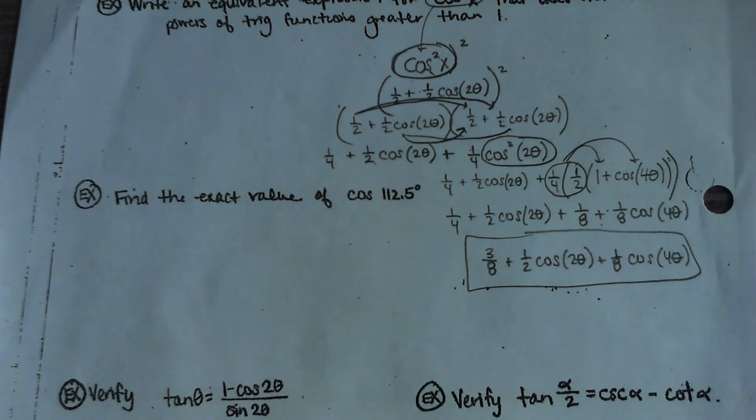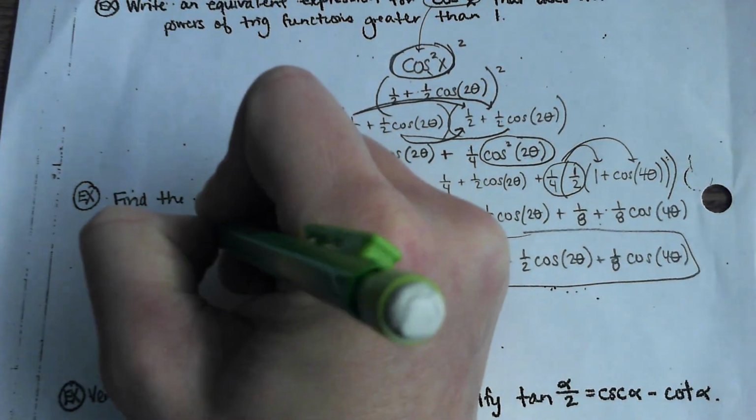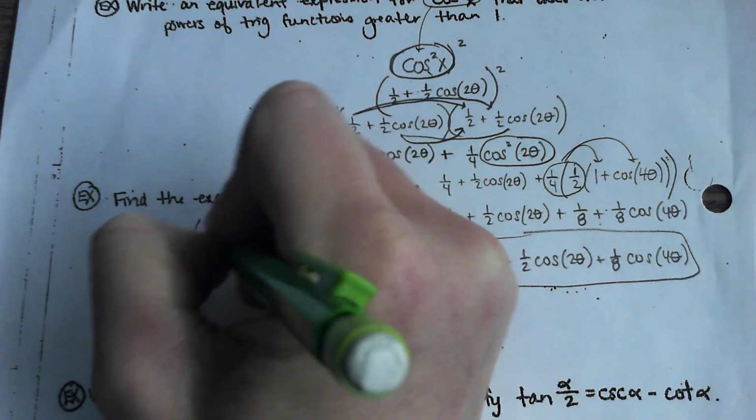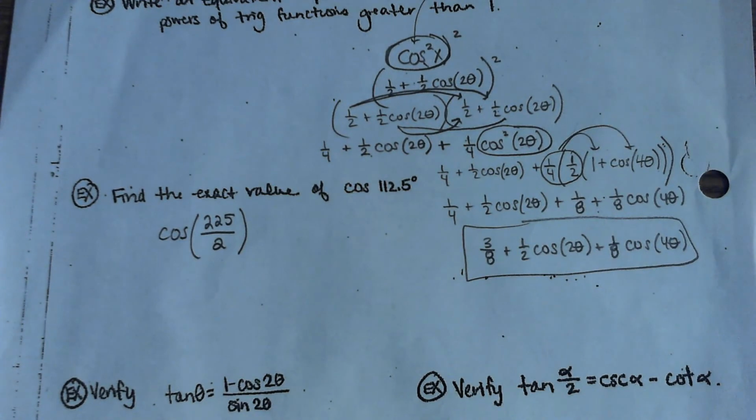What would we have to cut in half to get to 112.5? Andrew? 225. So we could think of this as 225 divided by 2. Now, do you know the cosine of 225?